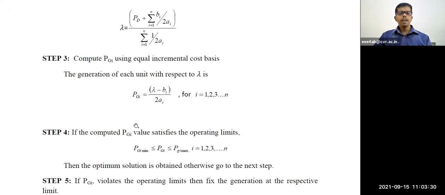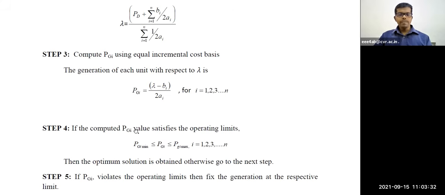Next, step number 4. If the computed PGI value satisfies the operating limits, then the optimum solution is obtained. If the optimum solution is obtained, stop the procedure, stop the algorithm, no need to proceed further. Otherwise, you have to go to the next step. Whatever generation is calculated should be within the minimum and maximum operating limits given in the problem.